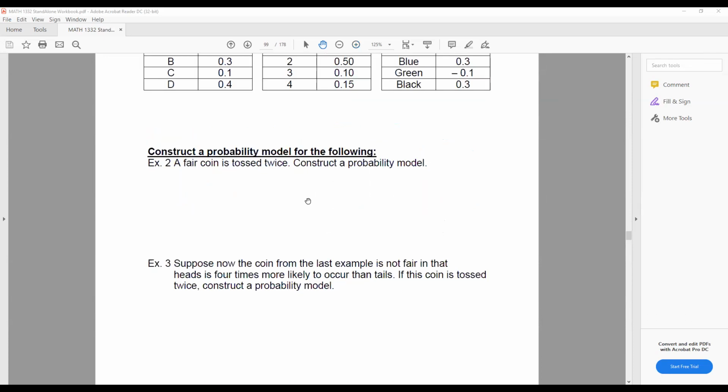The formula that you need, right? So the probability of an event, let me change to a smaller, thinner line here.